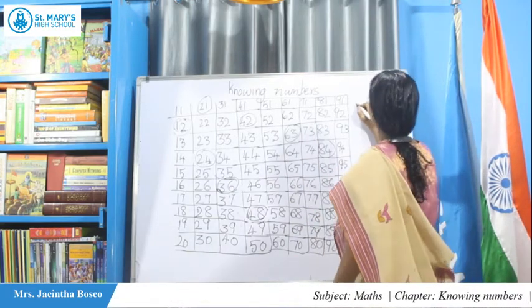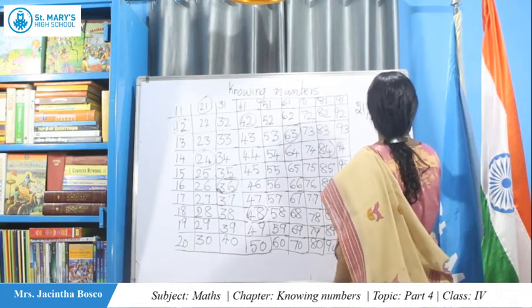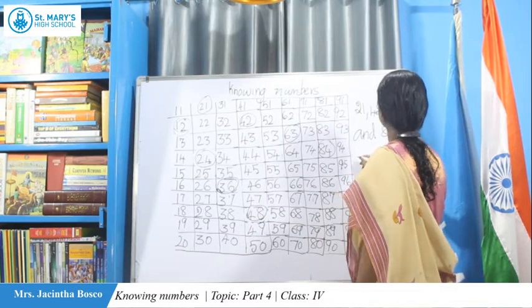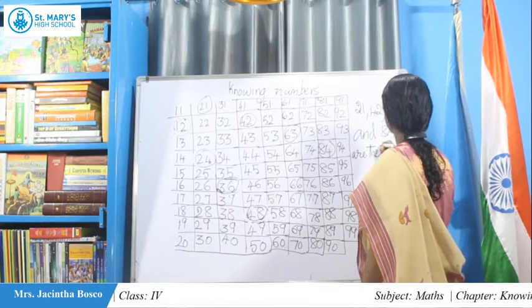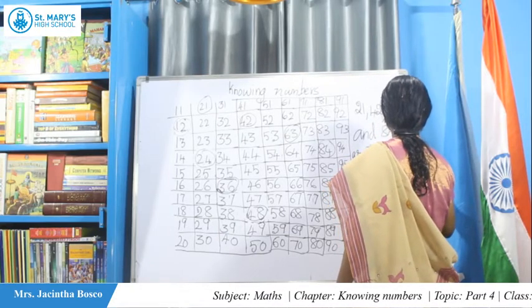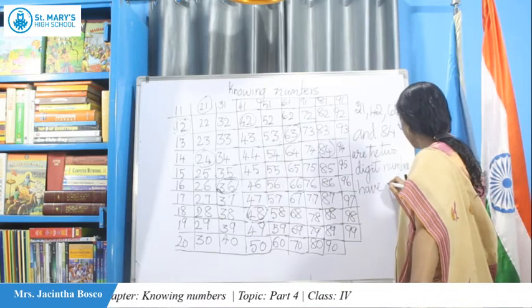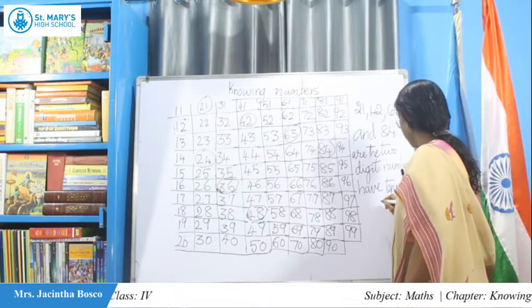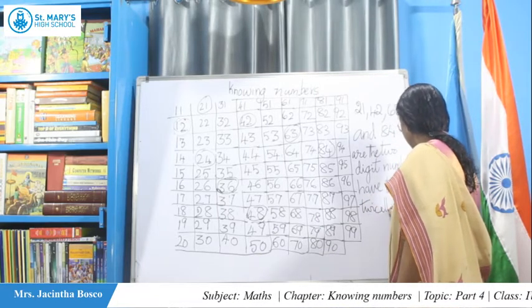Right now, 21, 42, 63 and 84 are the 2-digit numbers that have tens place twice the units place.